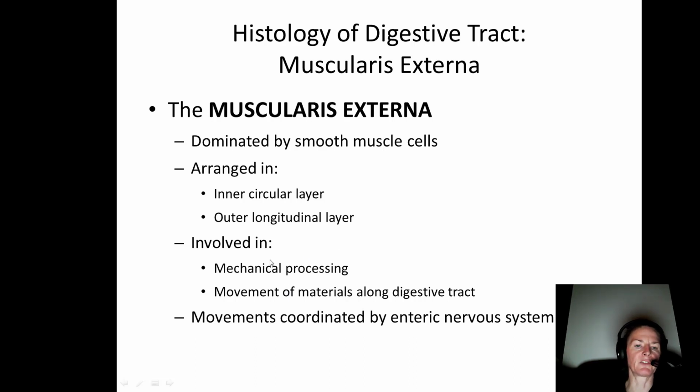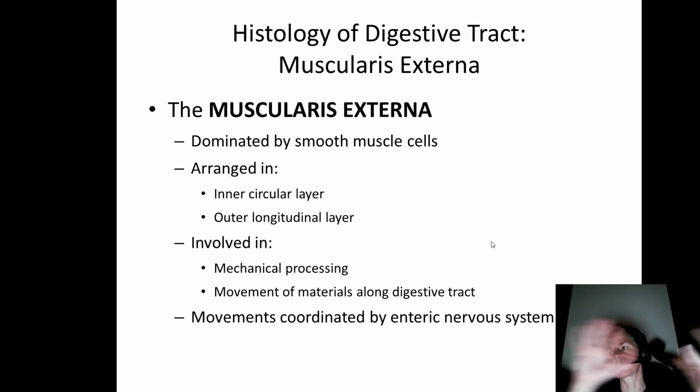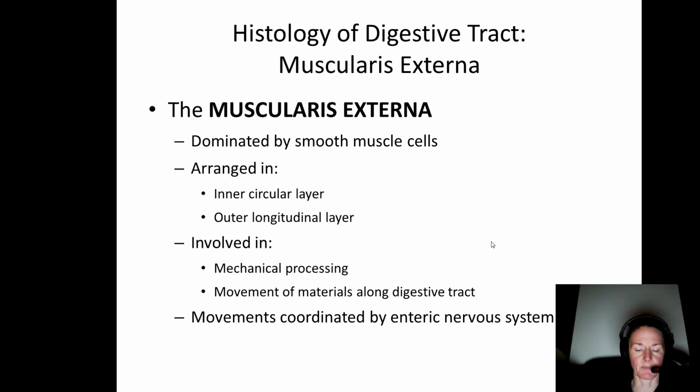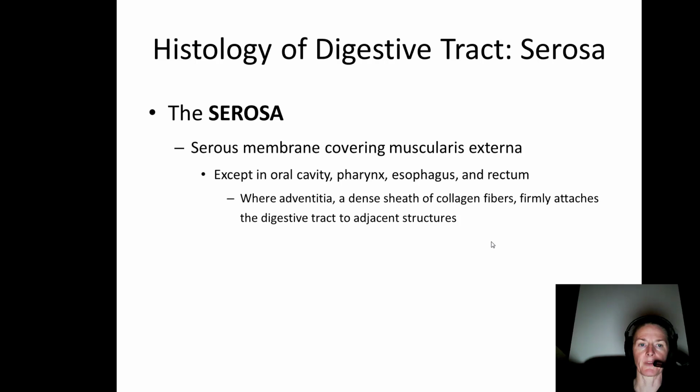And then once we have done a lot of mechanical processing and we're ready to move on to the next segment of the digestive tract, then we have our peristaltic movements, which are going to push the bolus on to the next segment. And a lot of this is going to be coordinated by the enteric nervous system.